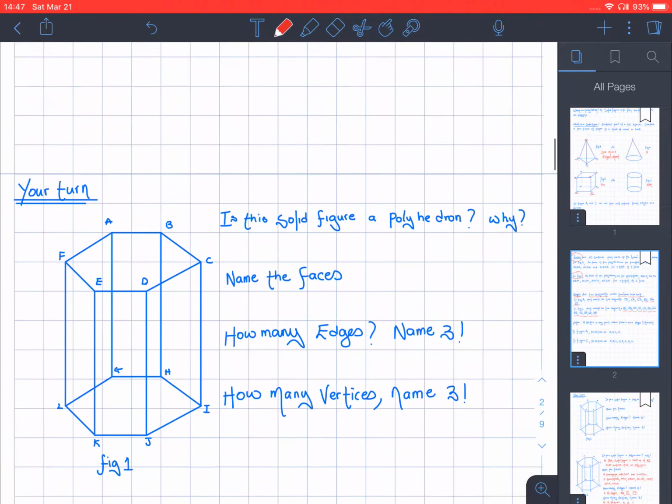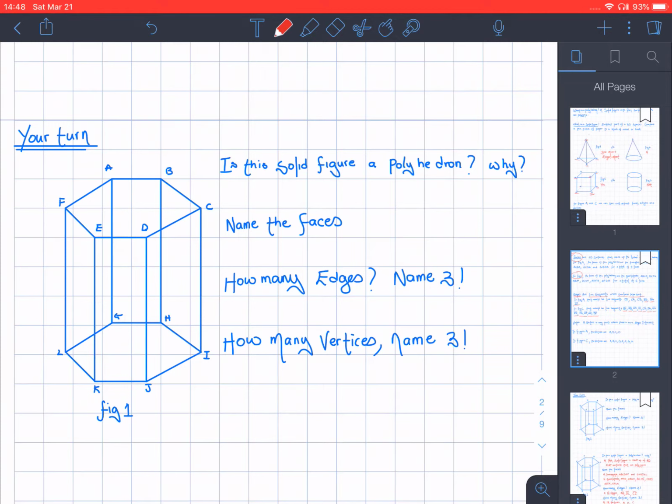Okay, so now let's move to this polyhedron. We have 6 sides that are rectangles, and we have 2 sides that are hexagons. So the question now is: is this solid figure a polyhedron, and why?